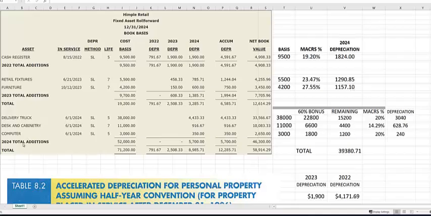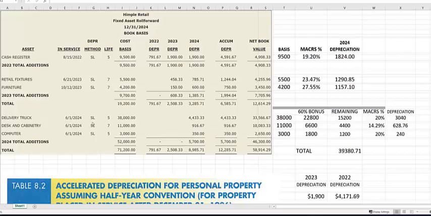Now the 2024 additions are going to take a little more time to calculate. They were all purchased on June 1st. So the first thing we're going to do is follow the instructions and take the bonus depreciation. The bonus depreciation for 2024 is 60%.